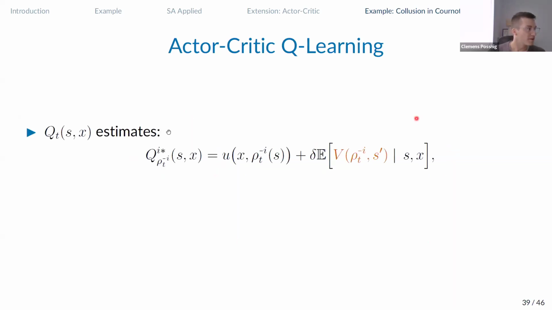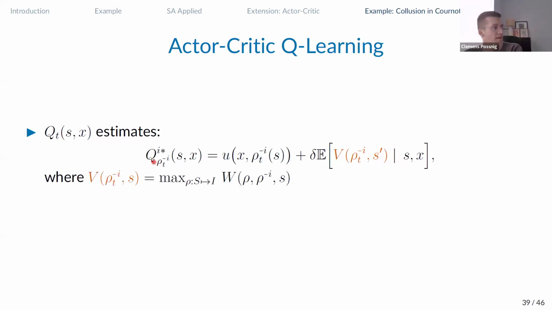The Q estimator, this Q_t^i(s, x) function, is an estimate of Q star, the true state-action value function, and this is basically the inside of your Bellman operator. It's a function that you can use to read off best responses. So the connection is that the maximum over x for every state is equal to the true value function of the player.